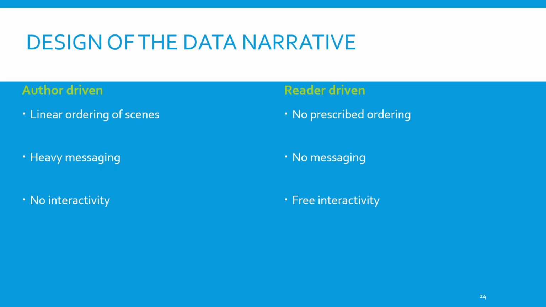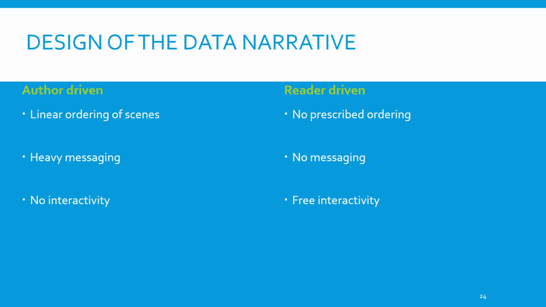One is when it's author driven, and the other one is when it's reader driven. Then, if it's author driven, that I control the narrative, then the scenes are going to be in linear order. Usually, it's a heavy messaging, and we remove the interactivity. That's when we have an author-driven narrative.